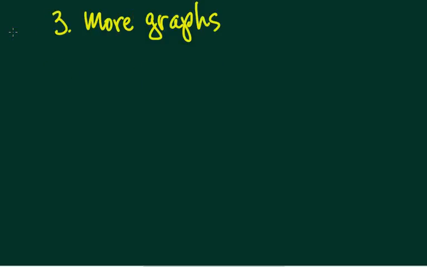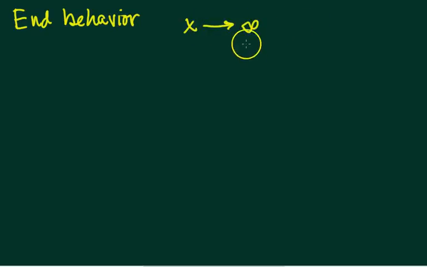When we talk about the graphs of polynomials, I'm going to be talking about two things. First is the end behavior, which means what happens as x becomes infinitely large and positive, or x becomes infinitely large and negative.